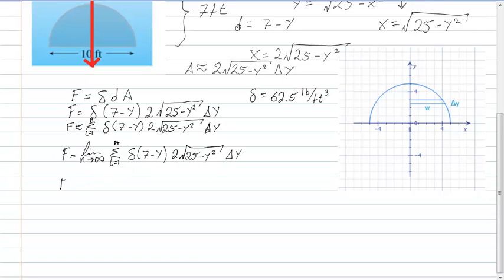So, the force exerted by the water is equal to the integral from 0 to 5 of delta times (7 minus y) times 2 times the square root of 25 minus y squared dy.